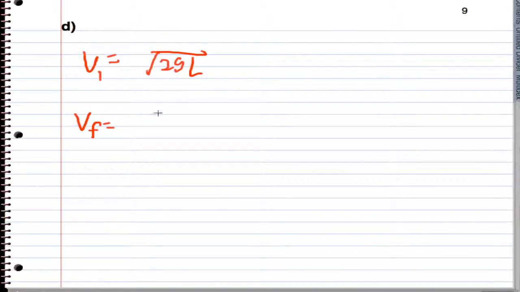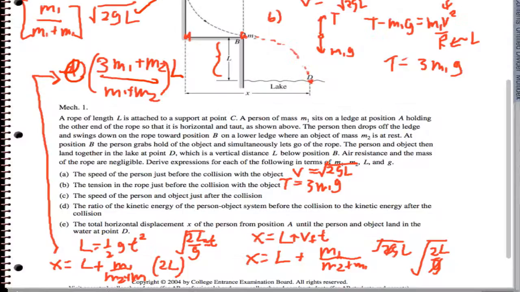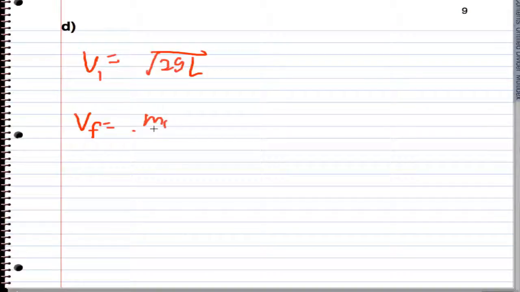The way part D works, I know that v1 before the collision is the square root of 2gL, and I know that v final after the collision is m1 over (m1 plus m2) times the square root of 2gL.